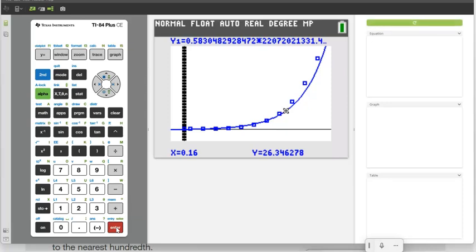So the 0.16 they were asking me to find is in between those two numbers. So that would be interpolation. If they had asked me to find something that was larger than the highest value, like maybe a blood alcohol content of 0.22, that would be extrapolation. So from that, we can conclude that if a 160-pound person drives after having 6 drinks, they're about 26.35 times more likely to crash than if they were driving while sober.